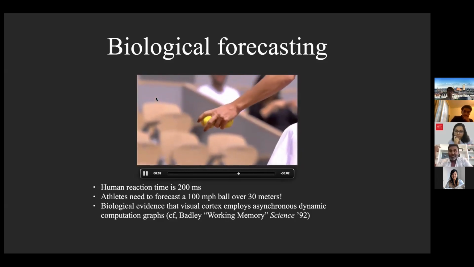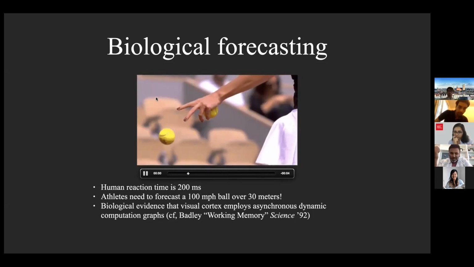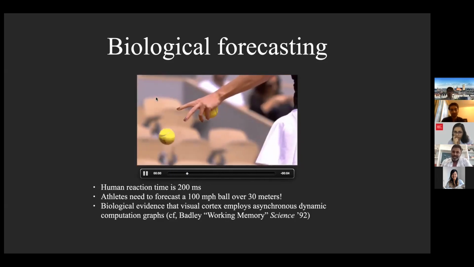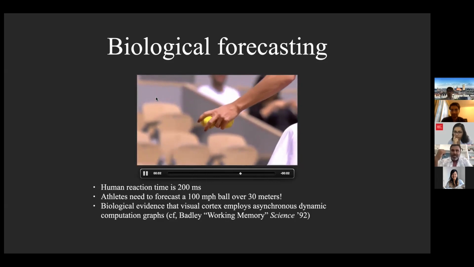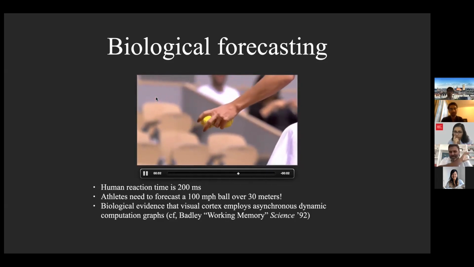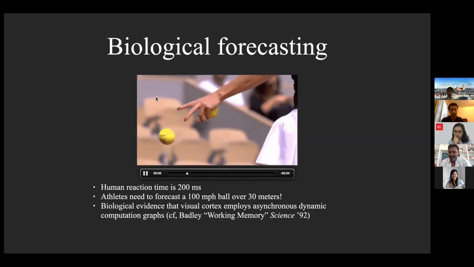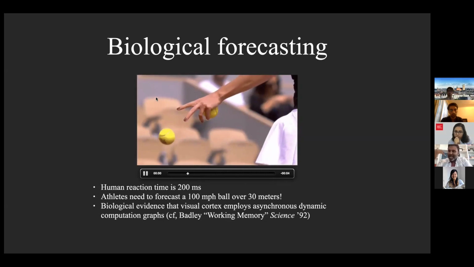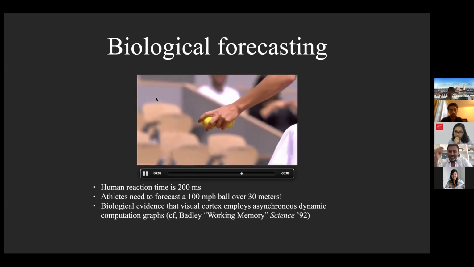So if you're hitting a ball that's moving at 100 miles an hour, the visual signal you're using to ensure that you contact it is an image of a ball that's 30 meters out. It's very different from where the ball is when you're hitting it.